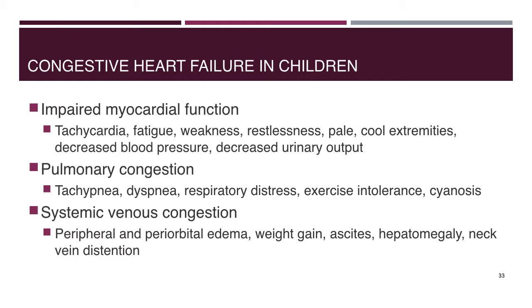So kids that we suspect are at risk for congestive heart failure, we're going to weigh them daily. They may have ascites and hepatomegaly, so their liver is enlarged, and I've seen some livers get really huge. And they may have neck vein distension.